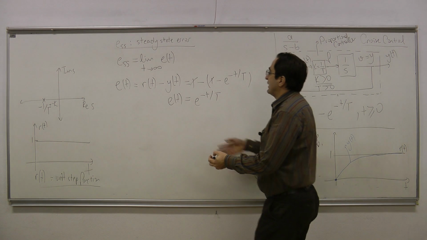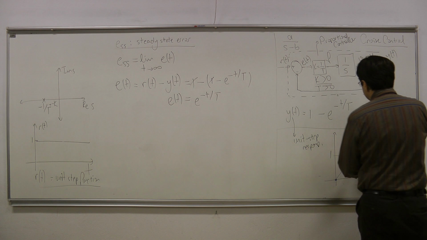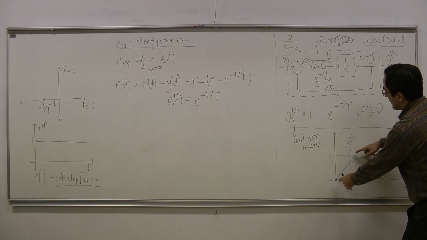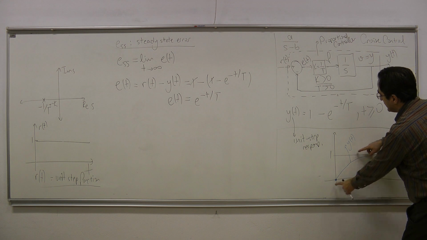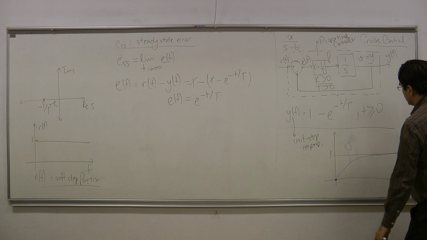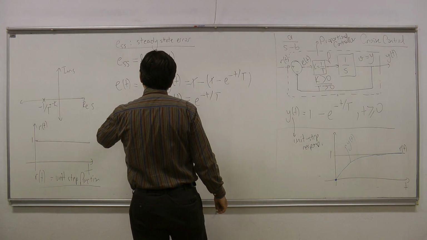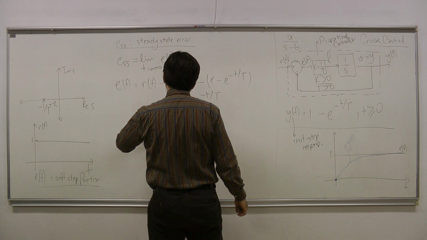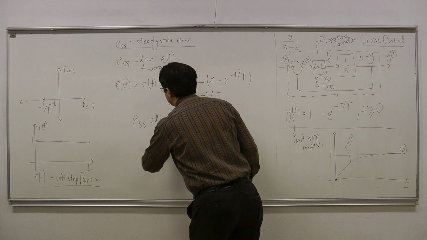So what happens as time goes to infinity to this error signal? Actually, I'm seeing it already in this curve. As time passes, the difference between the reference signal and the output is getting smaller and smaller, and it is getting towards 0. Okay? So the steady state error for this system is limit as t goes to infinity, e of t is equal to 0.